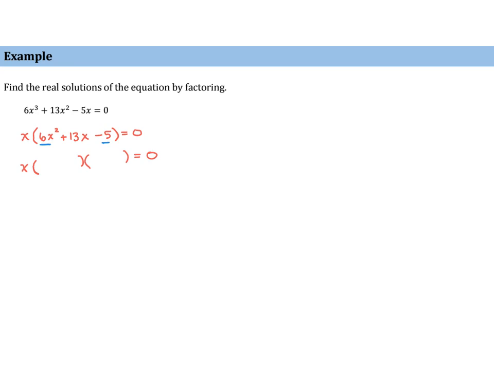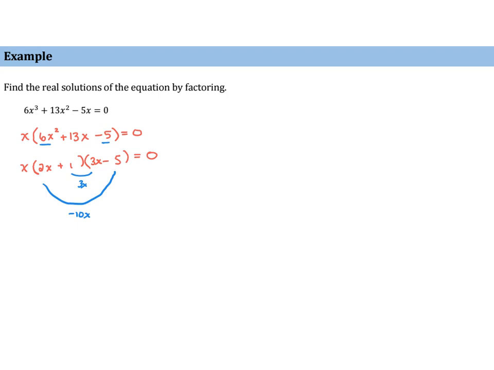So 6x squared can be broken up as 2x and 3x. The signs will be different, so let's try plus and minus, and we will try for 5. That's either going to be 5 and 1 or 1 and 5. So let's try 1 and 5 first. If we do that, we get 3x and -10x. That gives us 7x.